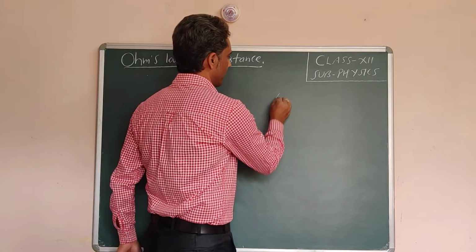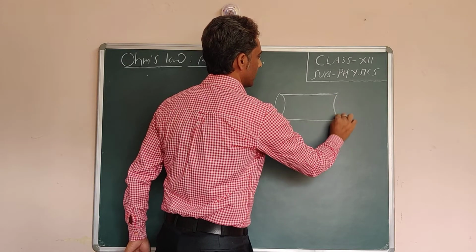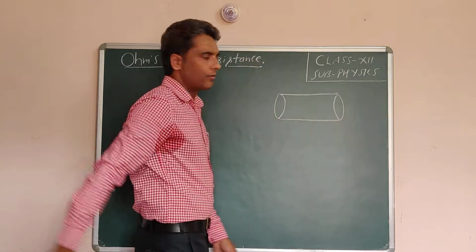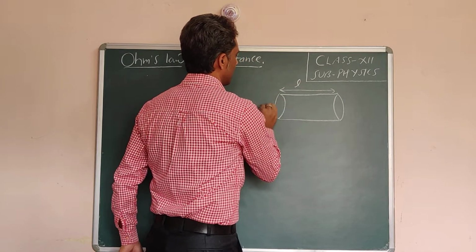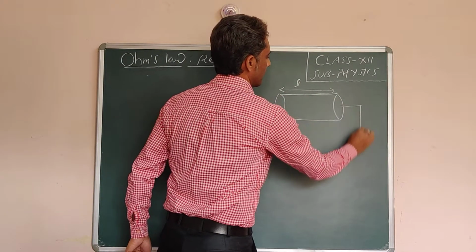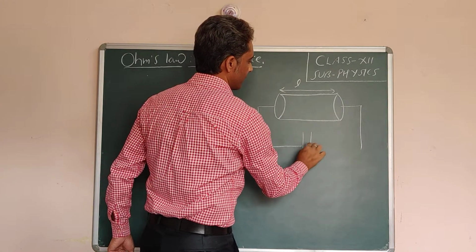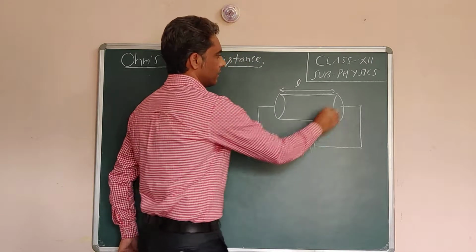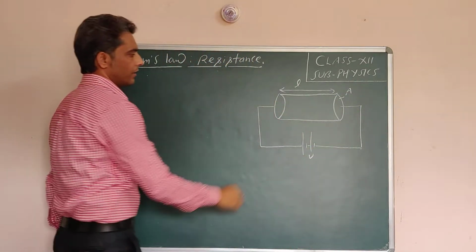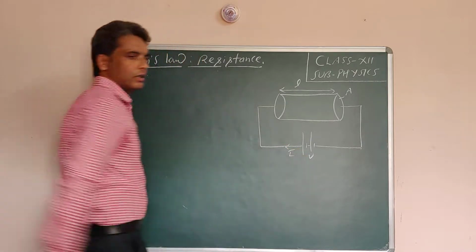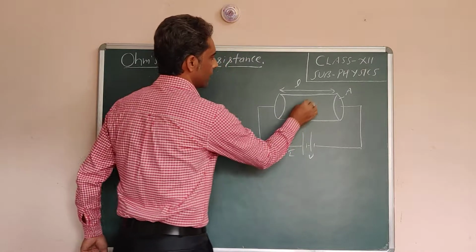So if I am having a conductor of length L and we apply potential difference V across its ends, A is the area of cross section, and if I is the current flowing through it, then we have already derived the relation between current and drift velocity.